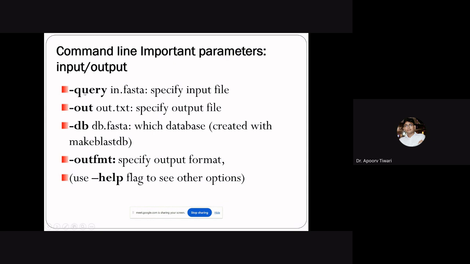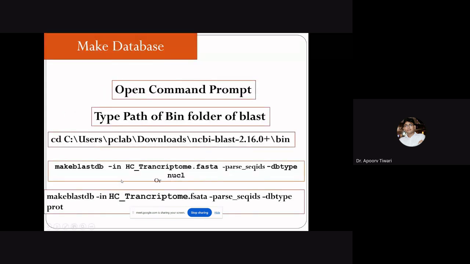Here is -query, followed by the query name and .fasta, which specifies the input file. -out specifies the output file, -db denotes the database, and -outfmt specifies what output type you want. For more detail you can type help. So these are the basic commands.